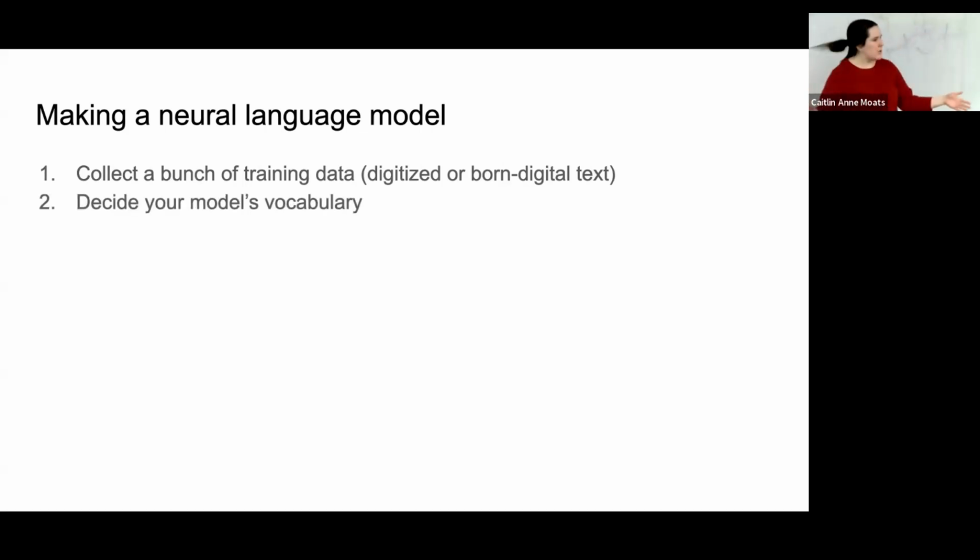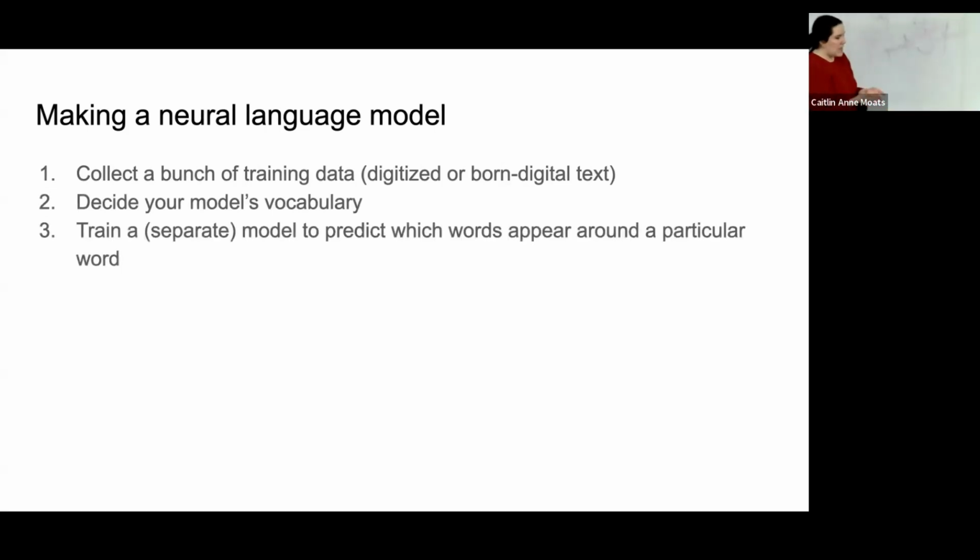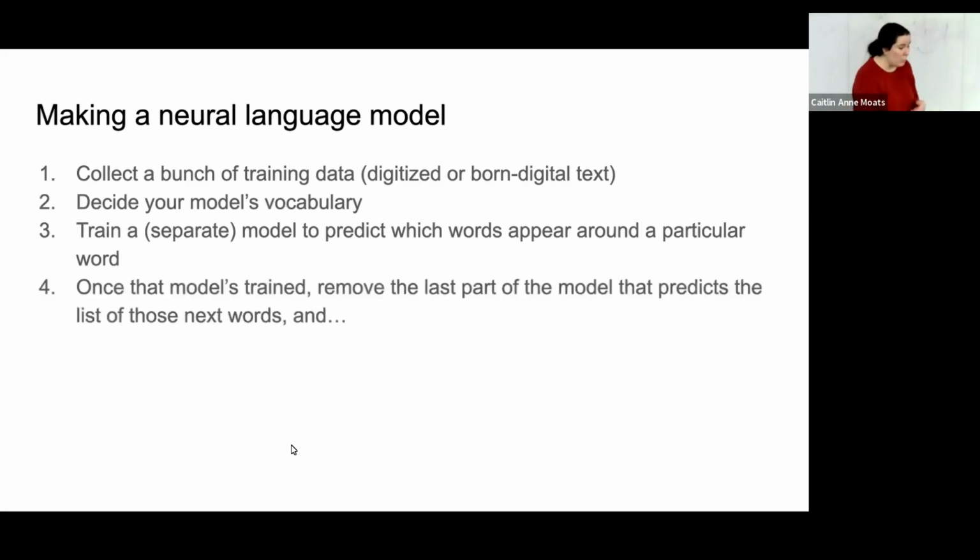You decide your model's vocabulary. Once you've made this choice, that nails it down. After that, you train a model to predict which words appear around a particular word, like we've seen. So basically just leveraging context clues, this time for neural networks instead of for people learning a vocabulary. Once that model's trained, you basically just remove the last predictive part, take out the word embeddings that it's learned, and plug them into a model that will actually learn to perform language modeling.